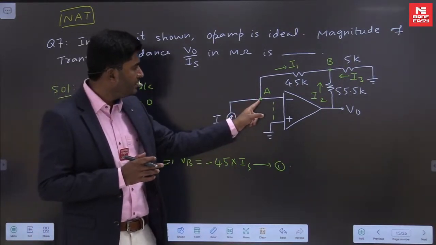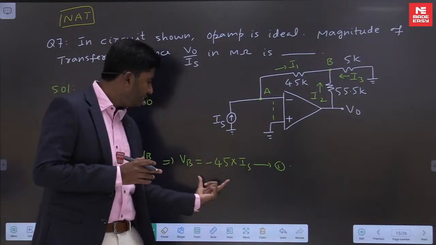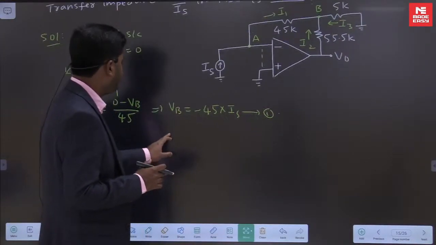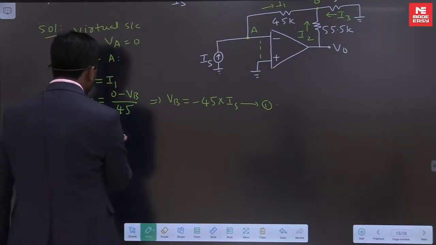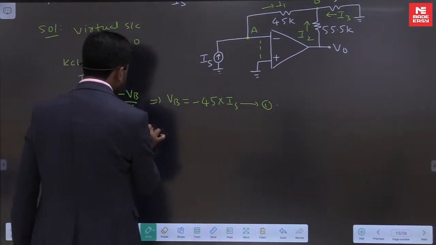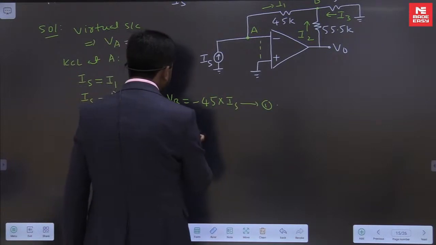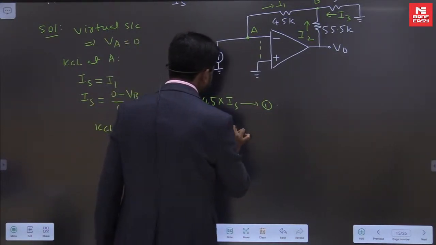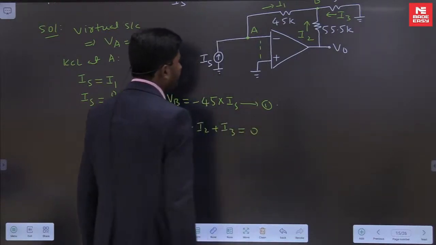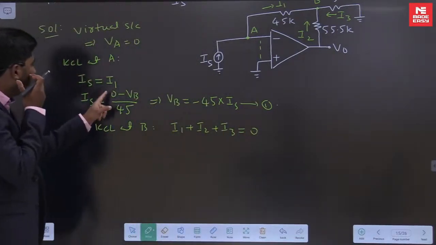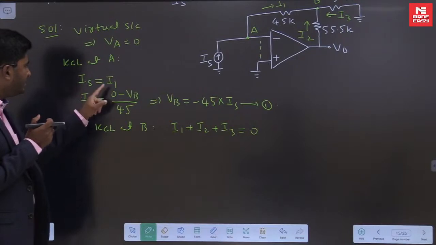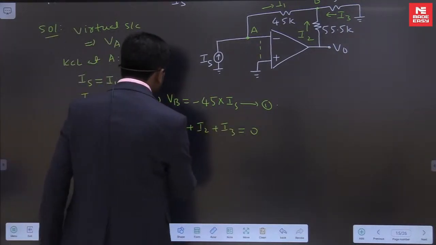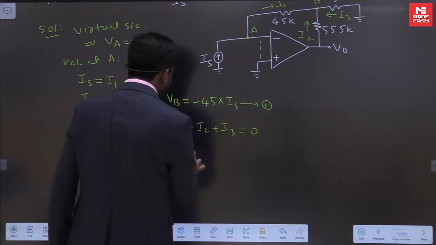First I have applied KCL at A. I got this relation. Then use KCL at node B. I will be getting I1 plus I2 plus I3 is equal to 0. Now in place of I1 I can put IS, since IS equal to I1. So IS plus I2.